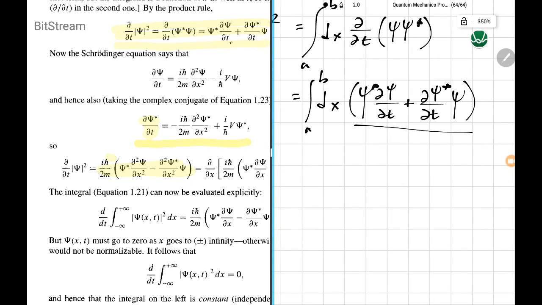So what I get here is from a to b dx, and now I just have that j function that we had before. So I get this guy right here, and that's what the problem defined as being j.